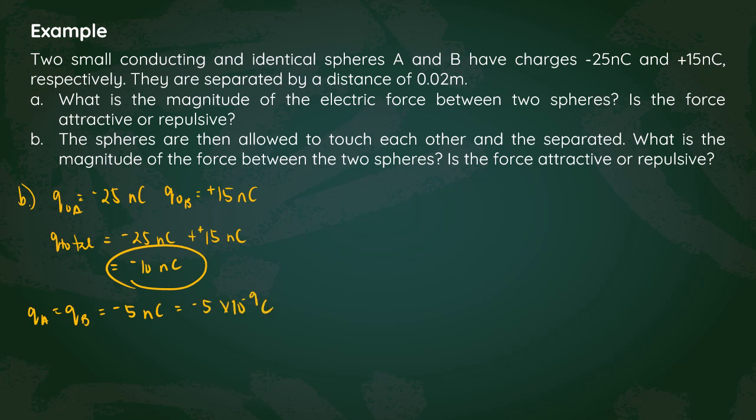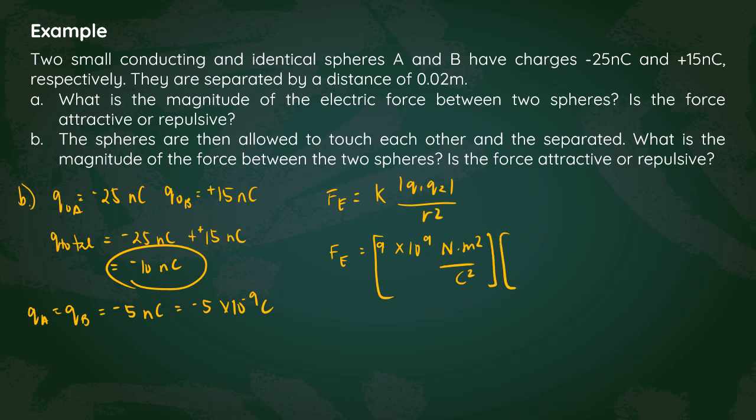So if this is the value of our charges now, to solve for the electric force, again using Coulomb's law, that's the Coulomb's constant multiplied by the absolute value of the product of Q1 and Q2 over r squared. So again, Fe is equal to 9 times 10 raised to 9 newton meter squared per coulomb squared, multiplied by negative 5 times 10 raised to negative 9 coulombs.